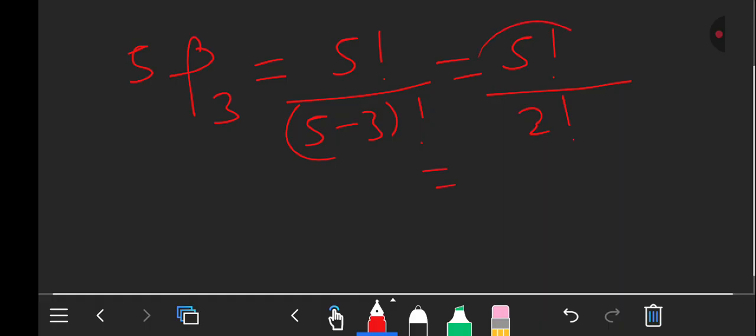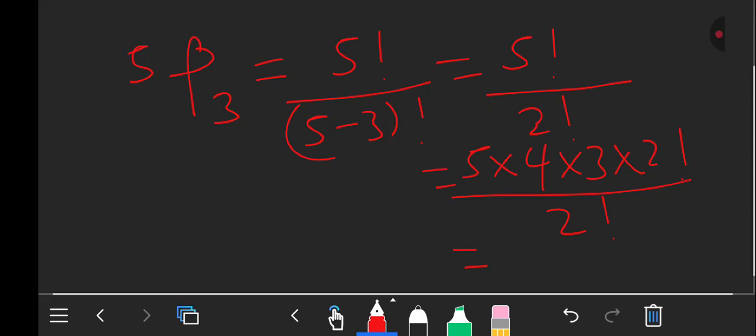I can strategically expand 5 factorial to end on 2 factorial by saying 5 by 4 by 3 by 2 factorial divided by 2 factorial. So 5 times 4 is 20, 20 times 3 is 60. The 2 factorial and 2 factorial cancel out. So the answer is just 60. This is how you can evaluate factorial, permutation, and combination.